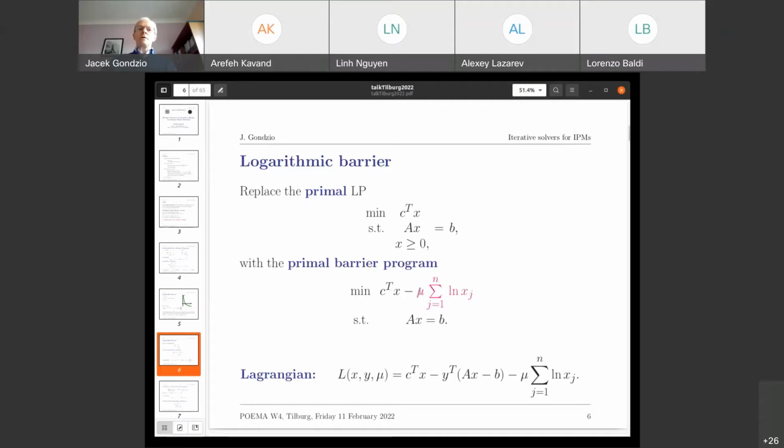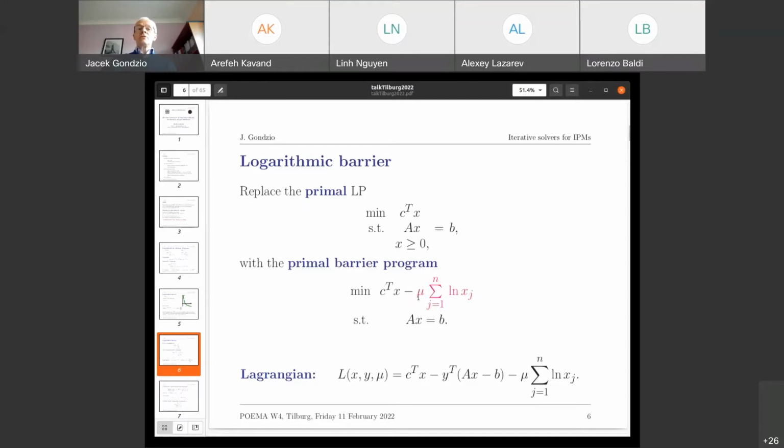The barrier parameter, this Greek letter mu here, will control how strong we would like this logarithmic barrier to be in relation to the true objective of the problem.